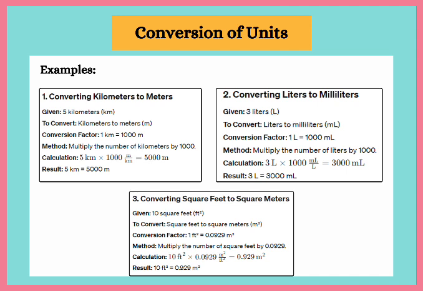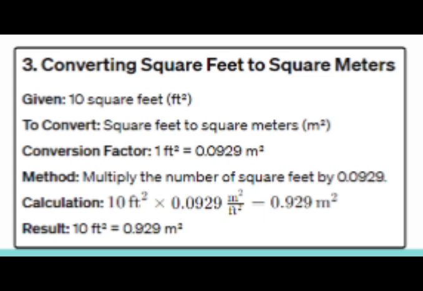Next, we have the third and last example. In here, we must convert square feet to square meters. We have a given of 10 square feet, and we must convert it to square meters. The conversion factor is 1 square foot is equal to 0.0929 square meters. The method is to multiply the number of square feet by 0.0929.